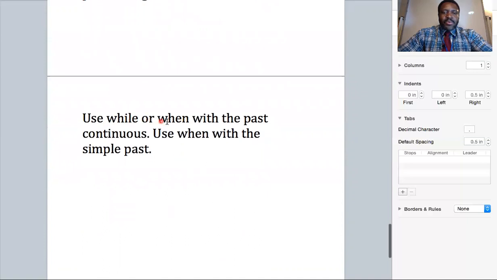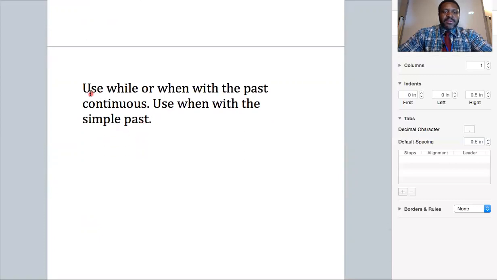Use while or when with the past continuous. Use when with the simple past.